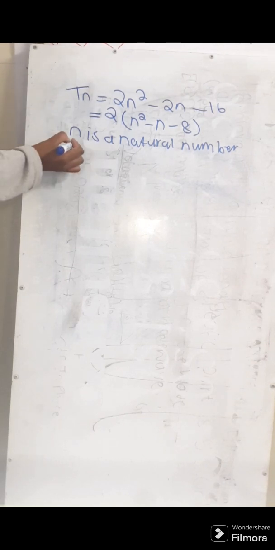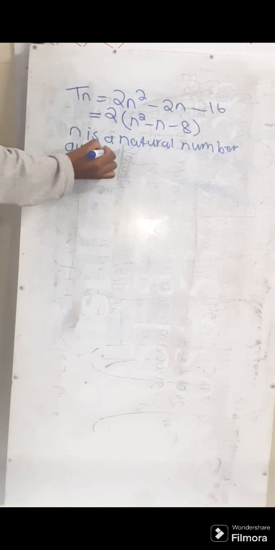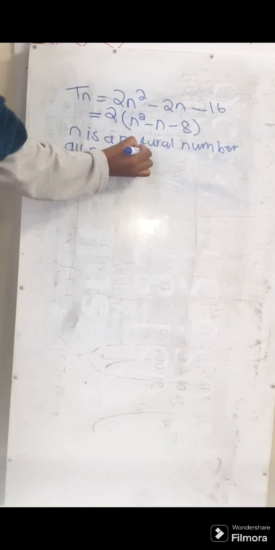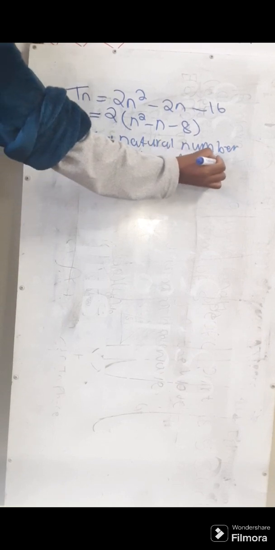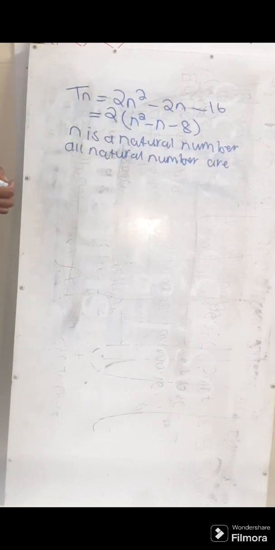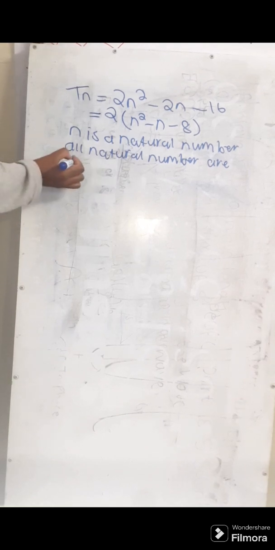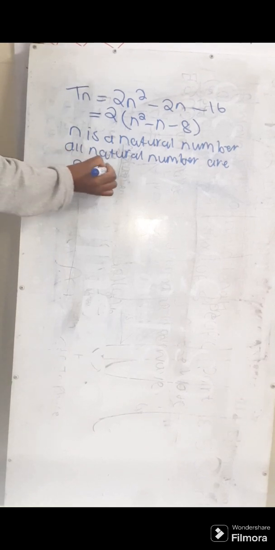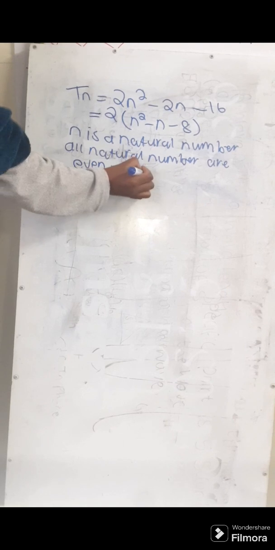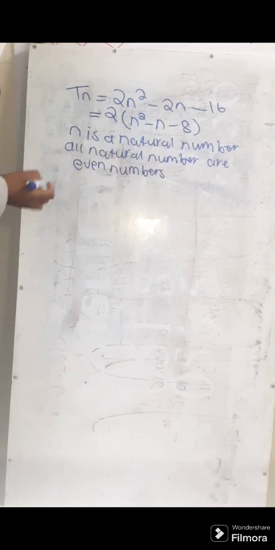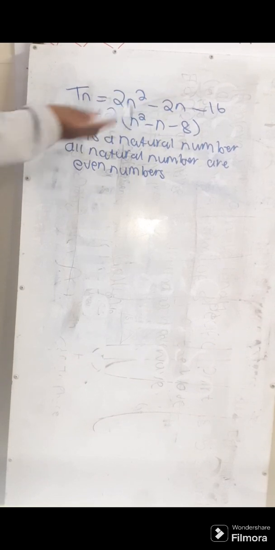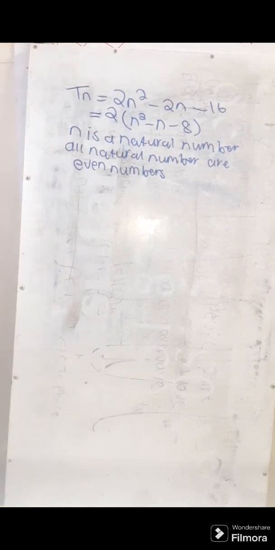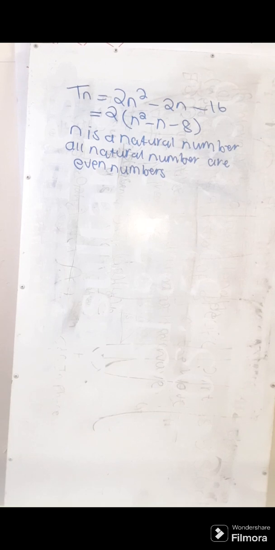So, and all natural numbers are even numbers, right? So because n is a natural number, this bracket will also be a natural number.